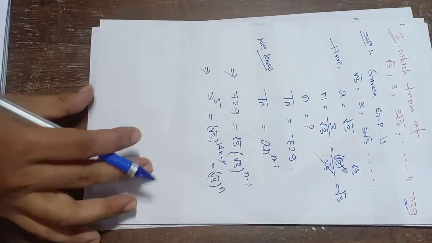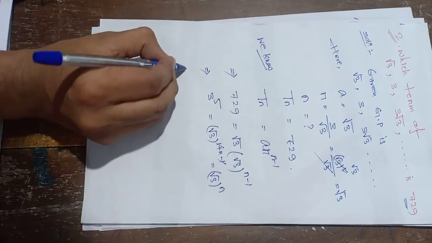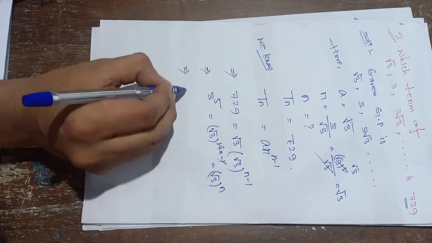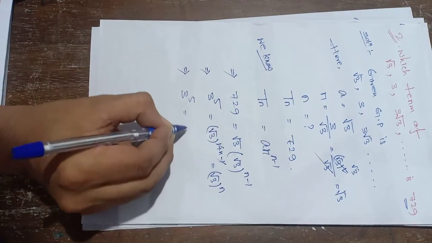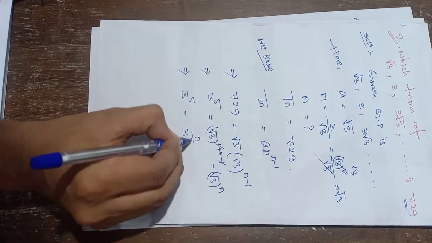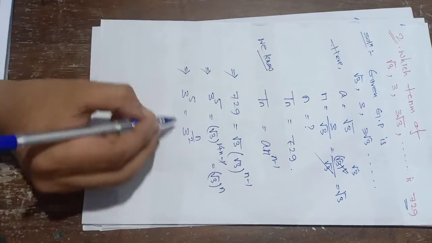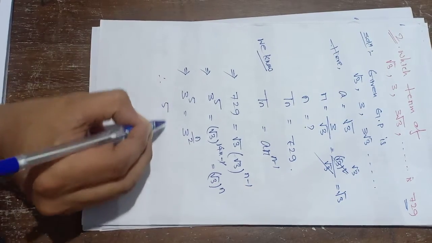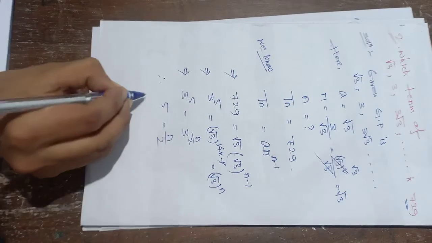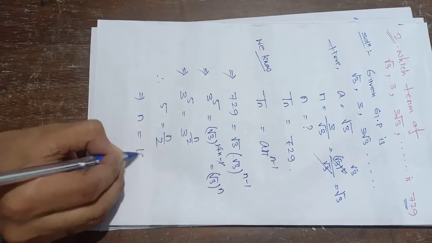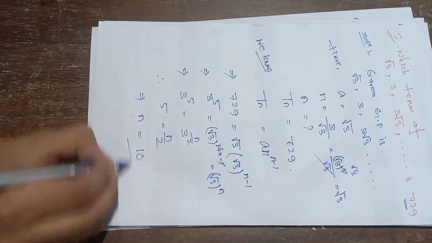So we can write root 3 to the power n as 3 to the power n by 2. Since the base is equal, we can equate the powers, so 6 equals n by 2. So the value of n equals 12.